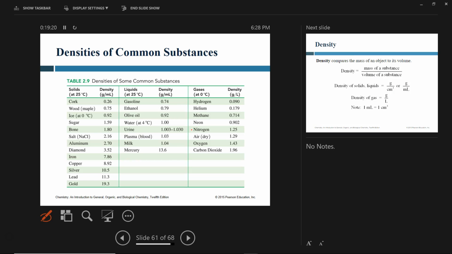There are some calculations. I believe in the exam I provide all the densities. So you don't need to memorize. It just gives you kind of an idea, okay? So you look at this, like cork, ice, and wood, they're all going to float in water.